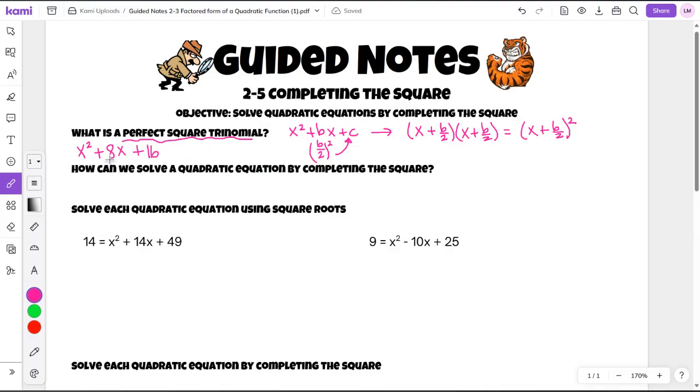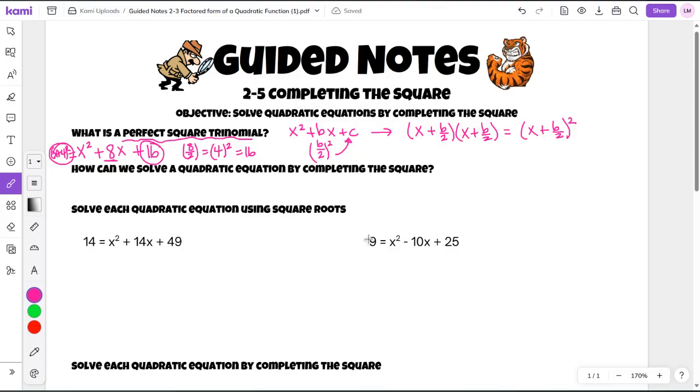Half of 8 is 4, and 4 squared is 16. So I took half of this, squared it, and got that. It will factor into x plus 4 times x plus 4, or x plus 4 squared.